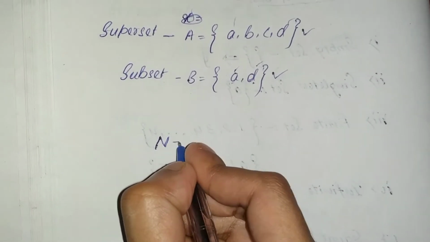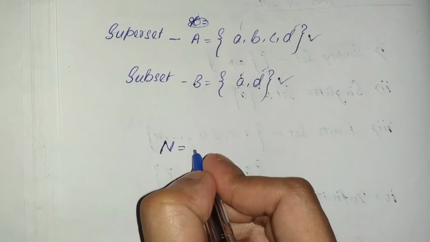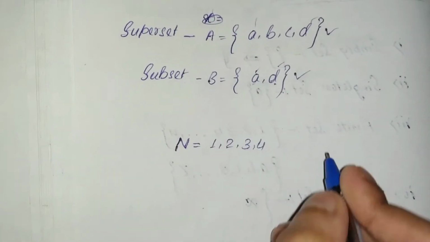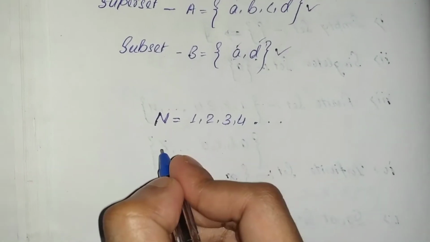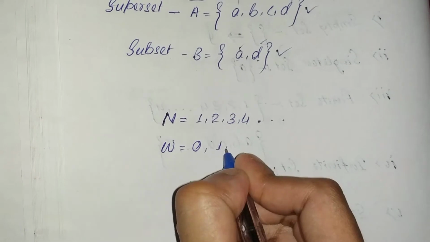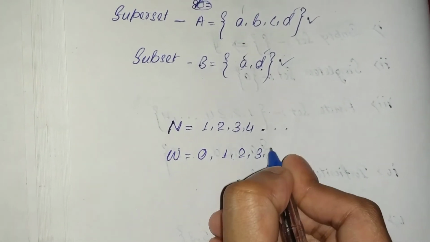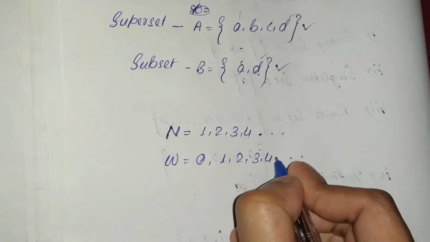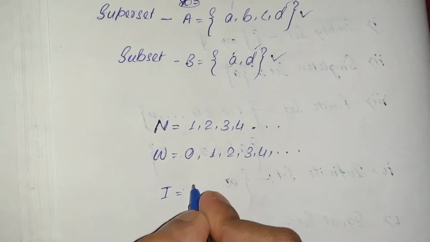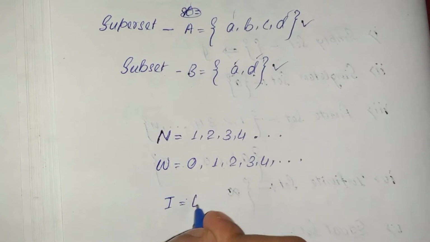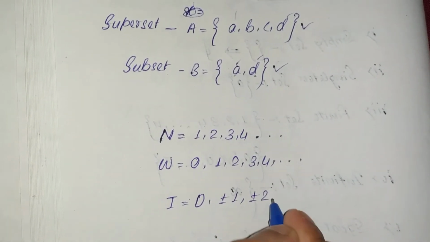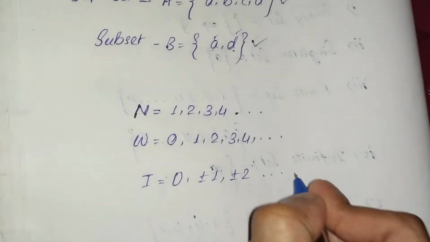Capital N is the natural numbers, whose examples are 1, 2, 3, 4, dot, dot, dot. Next is whole numbers, starting from 0, 1, 2, 3, 4, dot, dot, dot. Next is I, integers, starting from 0, plus minus 1, plus minus 2, dot, dot, dot.